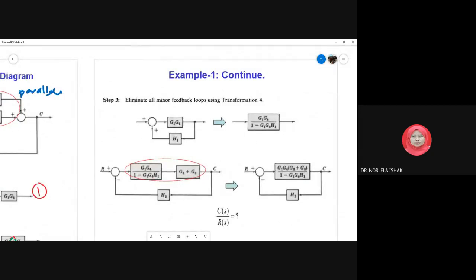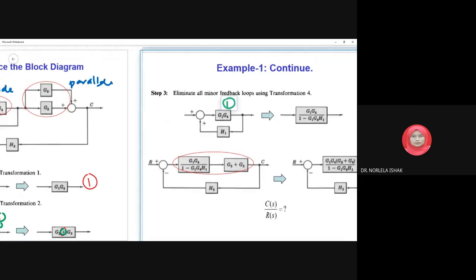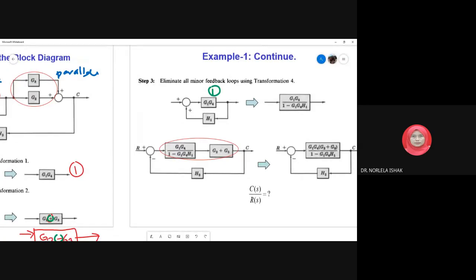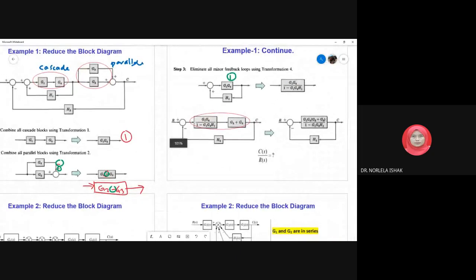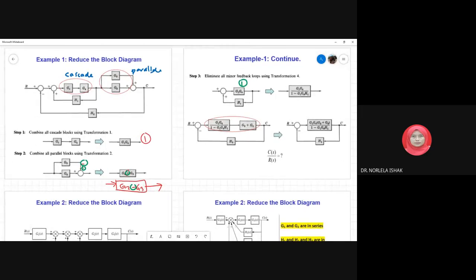From here is from step 1, cascade, and this is from the... I have to show you both slides because this is an interconnect.